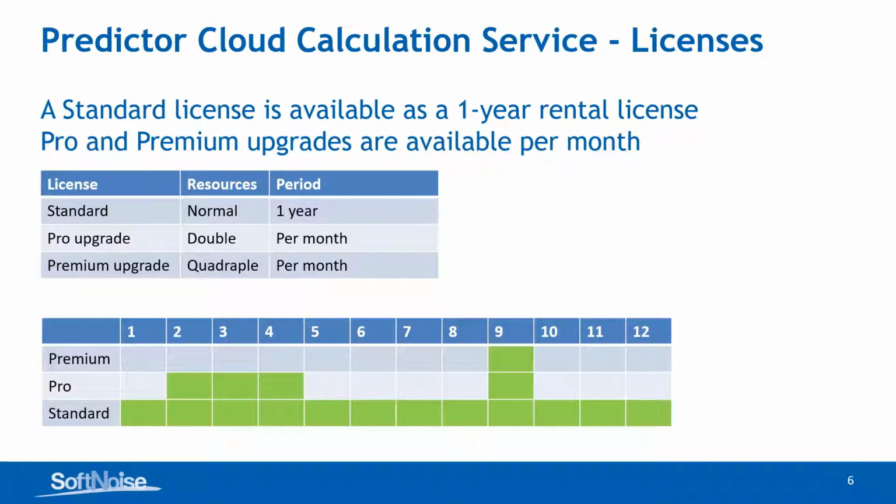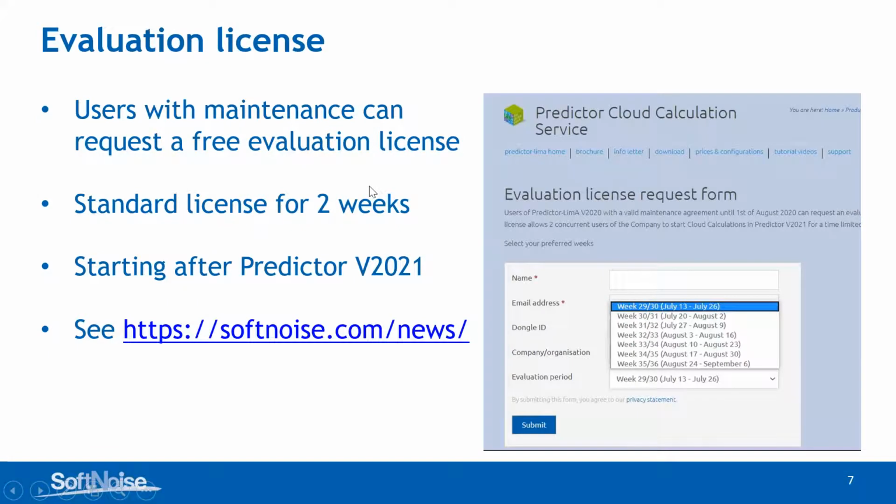The official release of the cloud service will be in September. And that means that then also the pricing will be available. However, users with a maintenance agreement can already request a free evaluation license. You simply go to the website, Softmare's website.